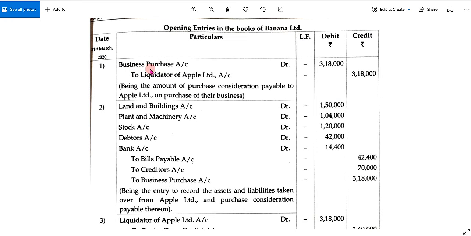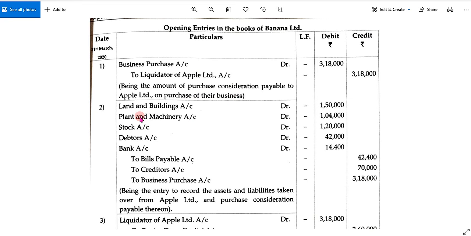So first is business purchase. That means purchase consideration account debit 3,18,000 to liquidators of A Limited company, because A Limited is the selling company. Narration will be: being the amount of purchase consideration payable to Apple Limited on purchase of the business. Next we have realized the assets.